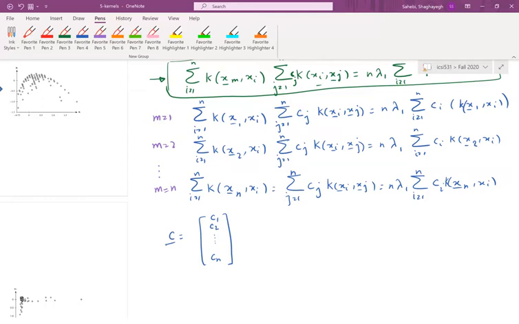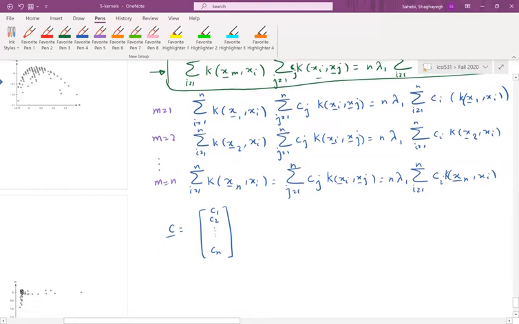So to make things a little bit easier, let's create a notation. Let's say k sub l is equal to the summation of k(xl, xi), i equals 1 to n.